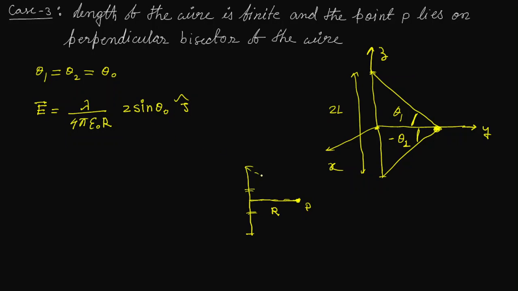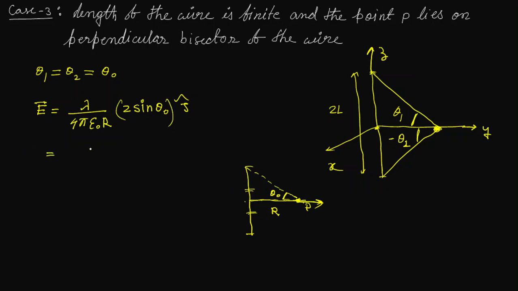And what is theta naught here? We connect these two lines, and this angle will be theta naught. The electric field will always be perpendicular to the length. If it is positive charge, then it will be away from the wire. If it is negative charge, then it will be towards the wire.